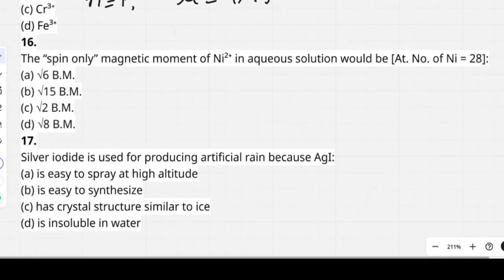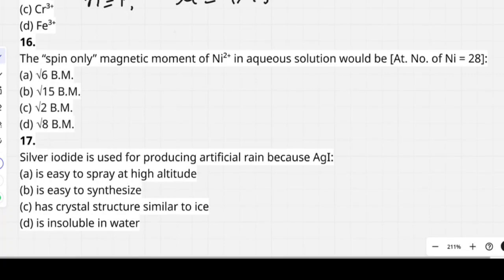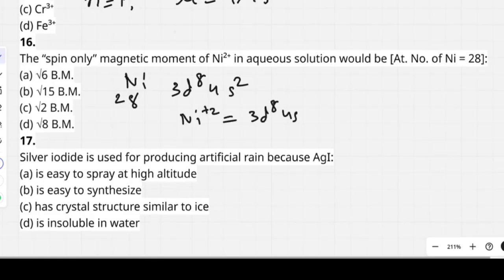The spin-only magnetic moment of Ni2+ ion. What is the atomic number of nickel? Atomic number of nickel is 28, which means its configuration is 3d8 4s2. So Ni2+ has configuration 3d8 4s0. The number of unpaired electrons: d is 8, so you can write 10 minus 8, which is equal to 2.